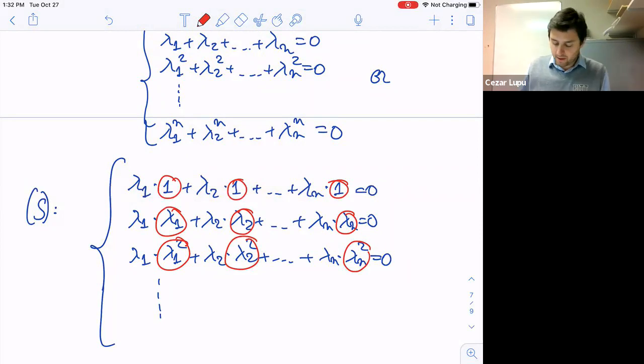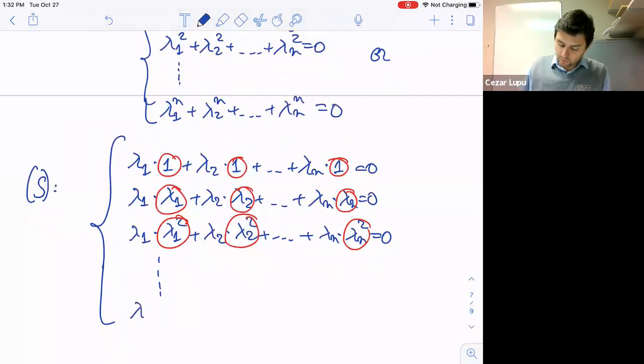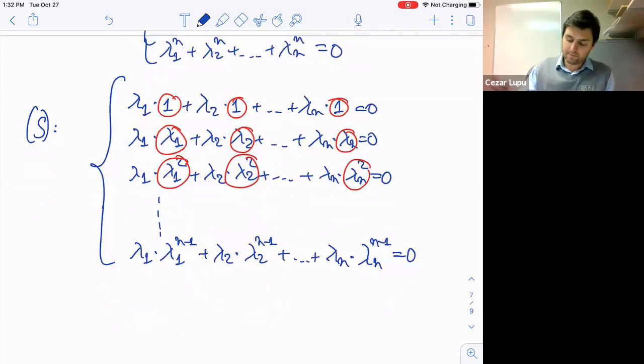And we keep going to the last one, which will be lambda 1 to the power n minus 1 plus lambda 2 to the power n minus 1 plus ... plus lambda n to the power n minus 1 equals 0. And this is a homogeneous system.